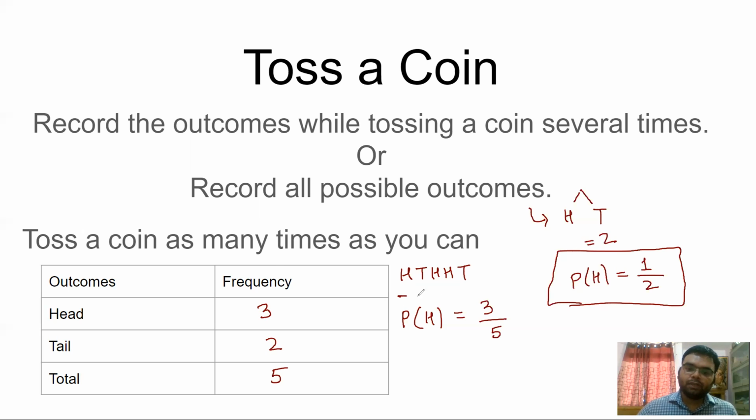Similarly, in this case, we already have performed the experiment 5 times, and from that we calculate how many times we get the head, and we take the proportion of head and the total number of times we perform the experiment. So this is my experimental probability. And this is my theoretical probability.